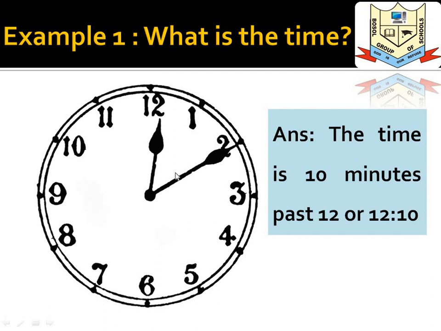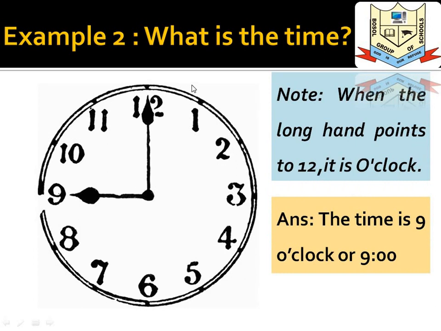In between 12 and 1, we have 5 minutes, and in between 1 and 2, we have another 5 minutes. So 5 minutes in between 12 and 1 plus the 5 minutes in between 1 and 2 gives us 10. So the time is 10 minutes past 12, or we say 12:10.